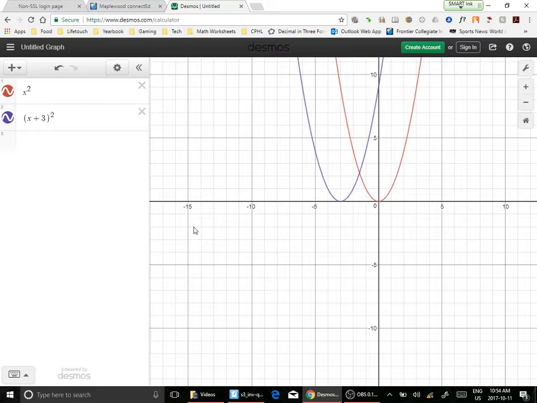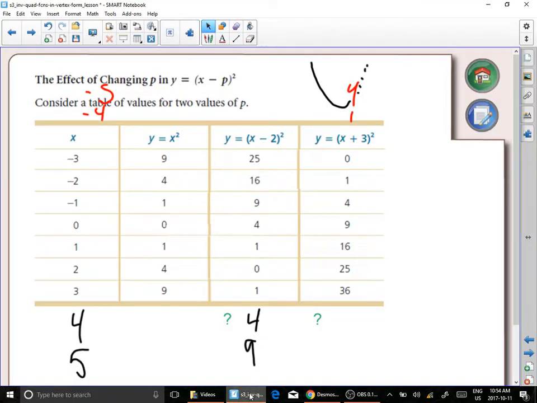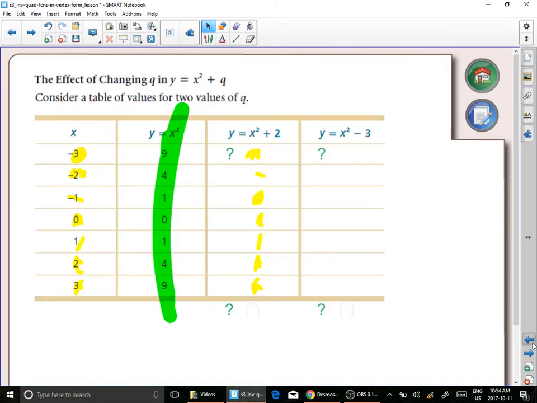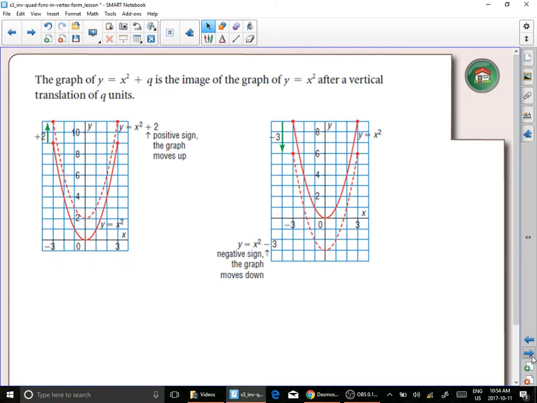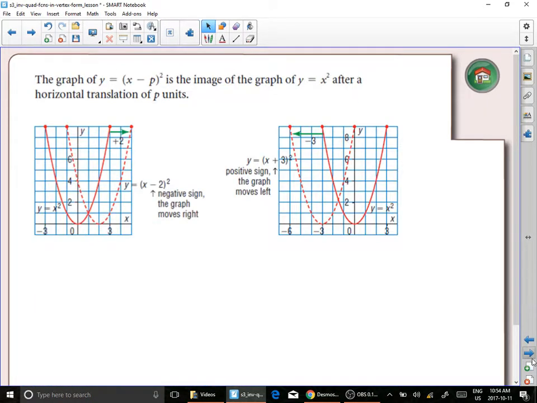If we know what the p-value is, understanding that we're using the form x minus p squared. If p is 2, we're moving to the right 2. If p is negative 3, then we're moving to the left 3 units. Okay? That's what it says here.